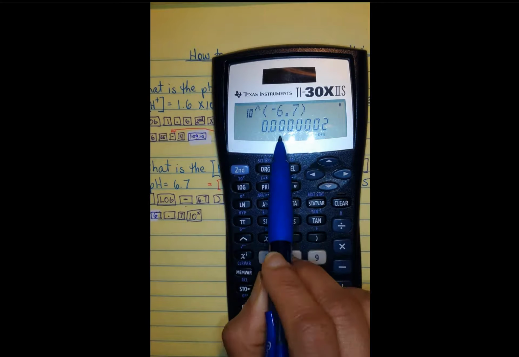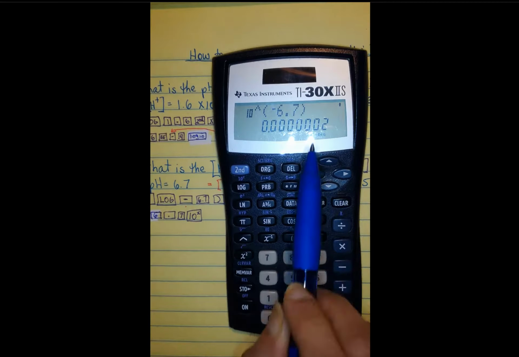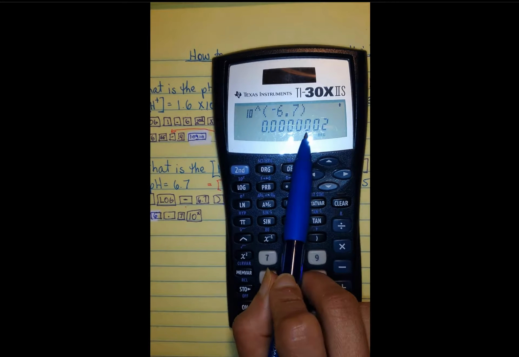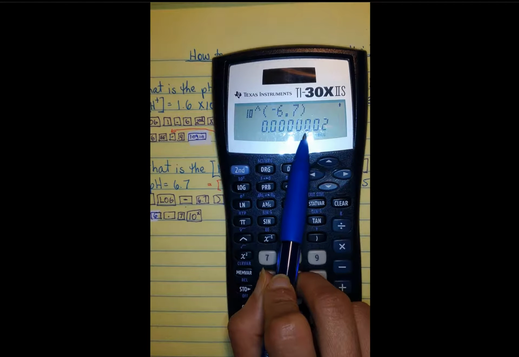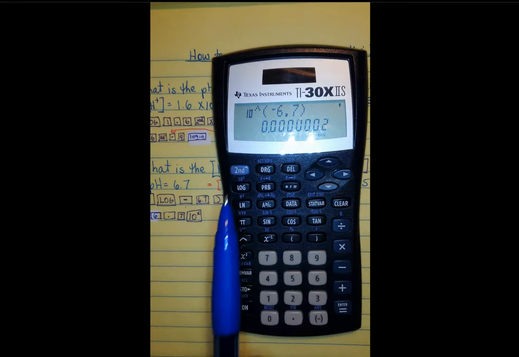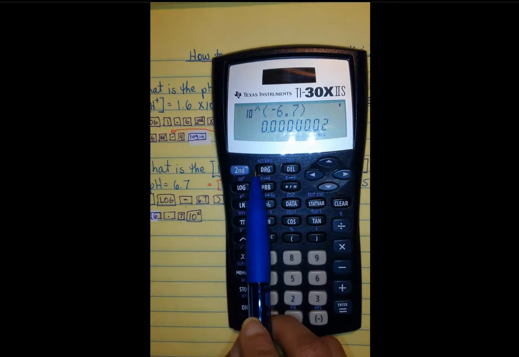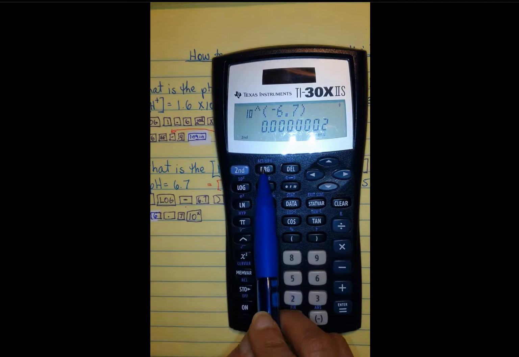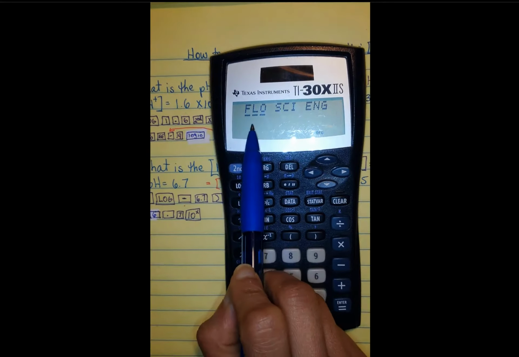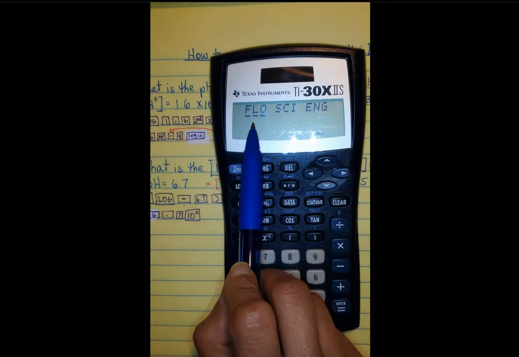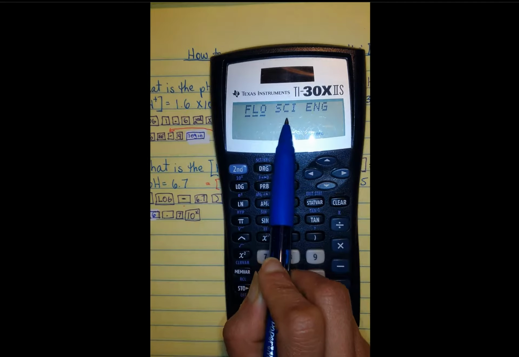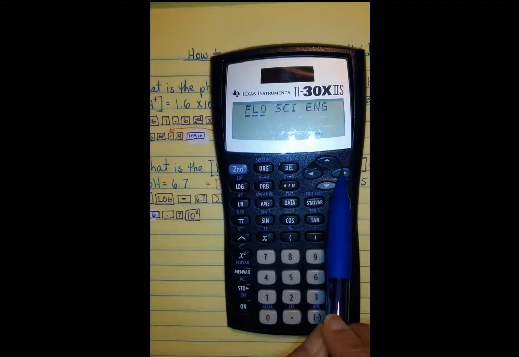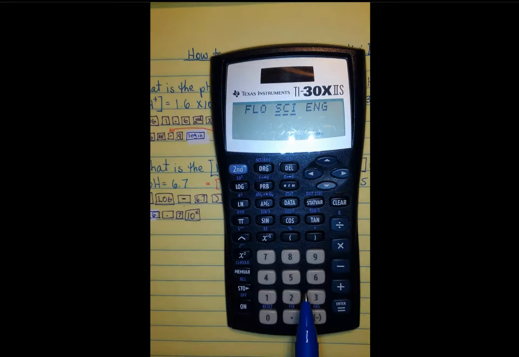If you're not happy with this answer, because it is in standard notation, you can always convert it into scientific notation. The way you would is by going to second DRG. Remember, FLO stands for standard notation, but you want to get to scientific notation. So use this arrow and go to scientific notation.